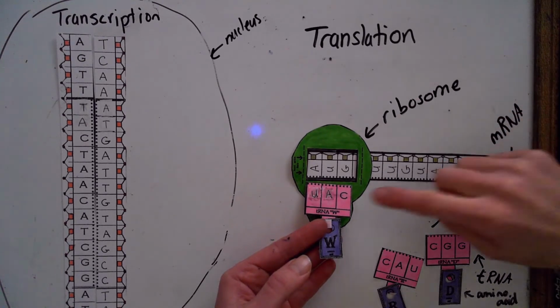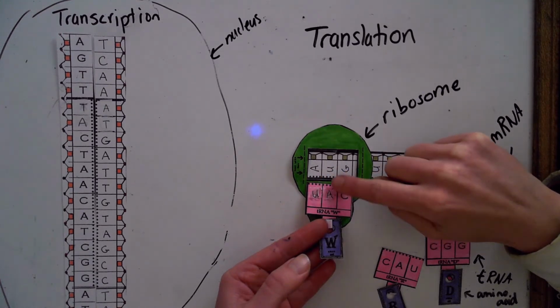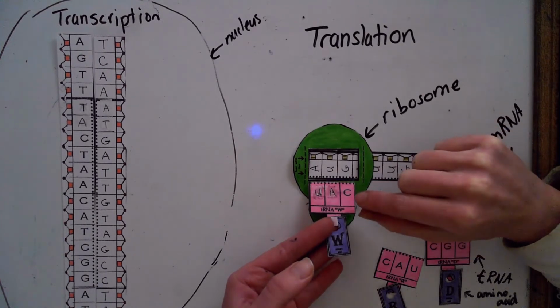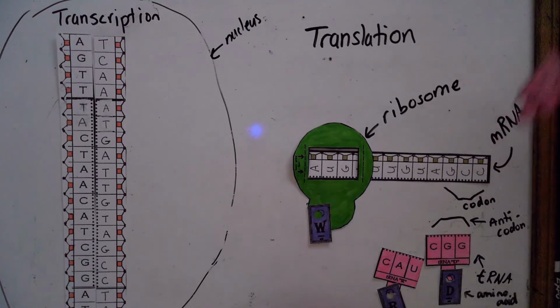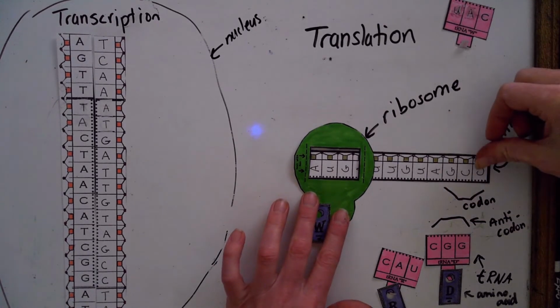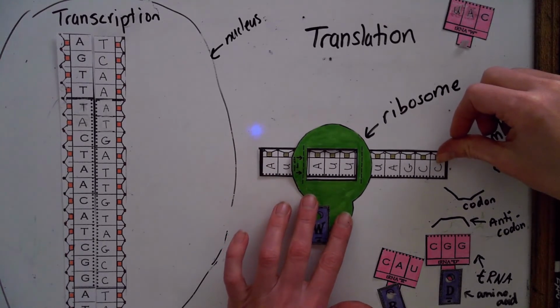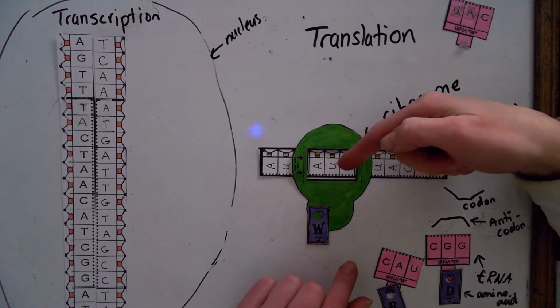Yes, it does. Uracil pairs with adenine, adenine pairs with uracil, cytosine pairs with guanine. So they match. The tRNA is going to drop off its amino acid, and then the mRNA is going to slide down, and we're going to read a new codon, a new set of 3 nitrogen bases.